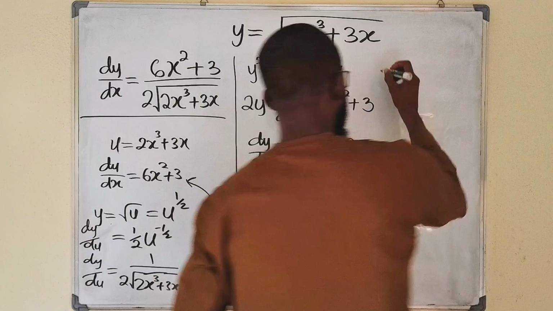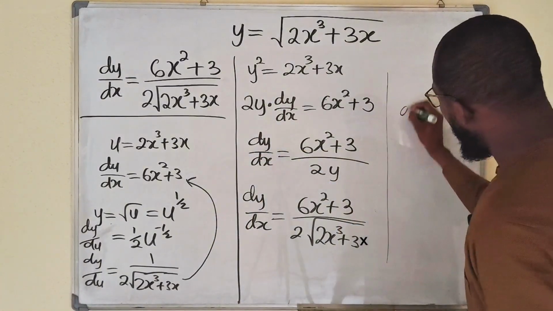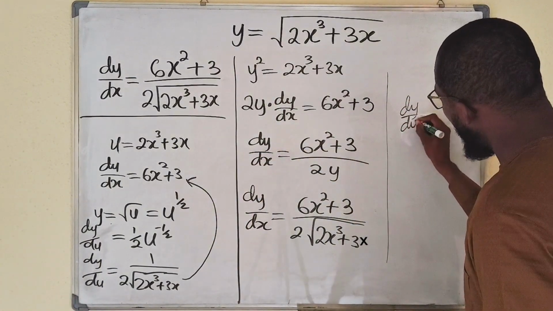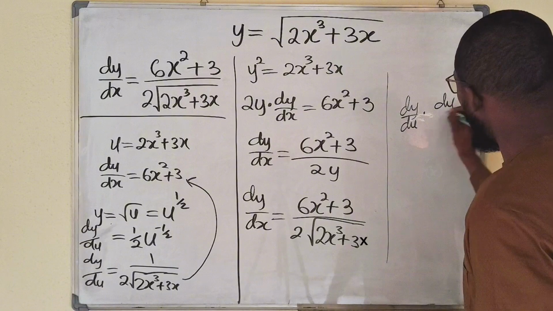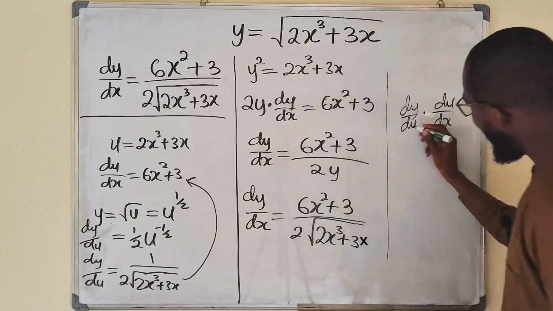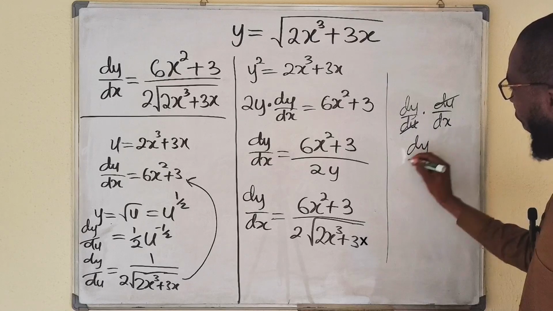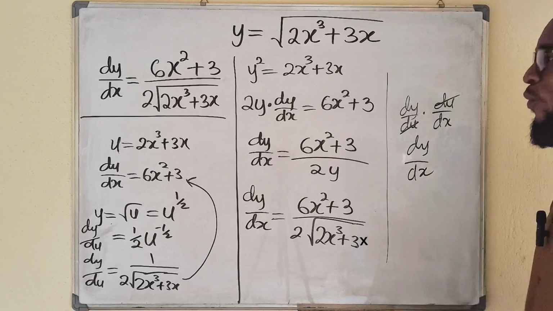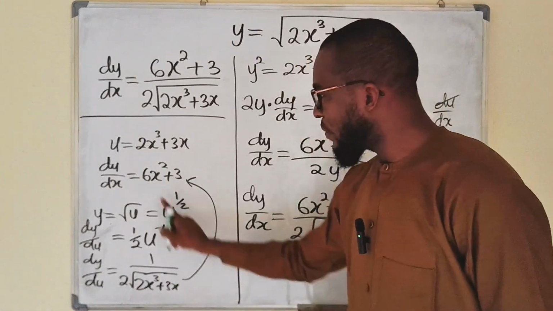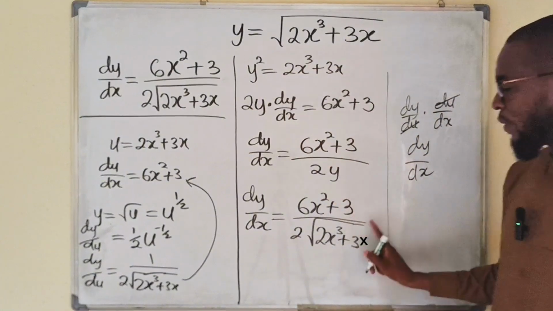Just look at it here. Dy over du multiplied by du over dx. Can you see that du will cancel du? We only have dy over dx, which we are looking for. So the moment you multiply this by this, you shall obtain this.